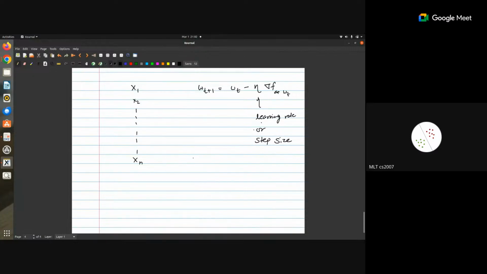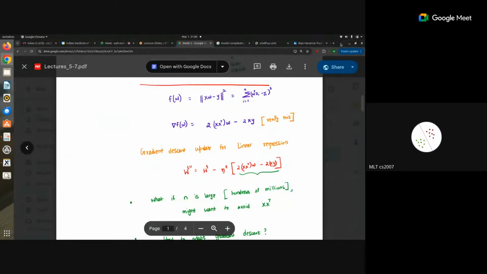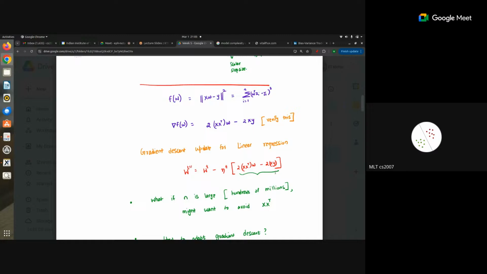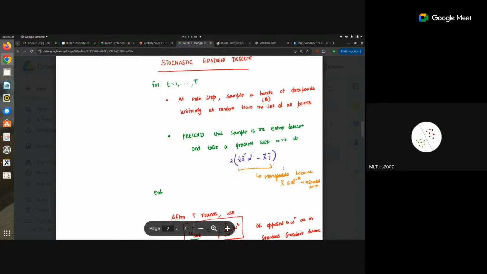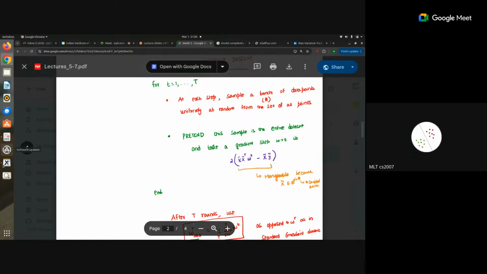D cross D. N cross N is X transpose X. Okay, D cross D. Let us say you have large D and N is also large. In that case, this computation still becomes difficult, right? So what do you do then? You go for stochastic gradient descent.